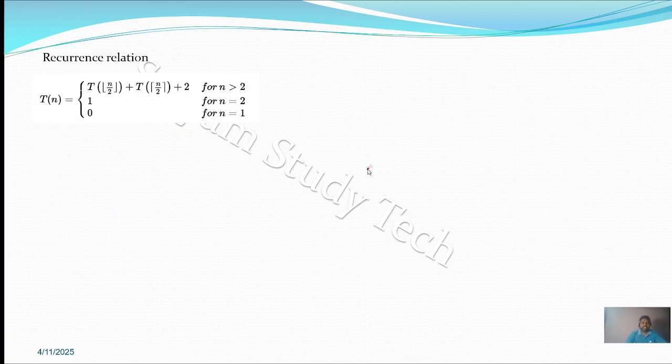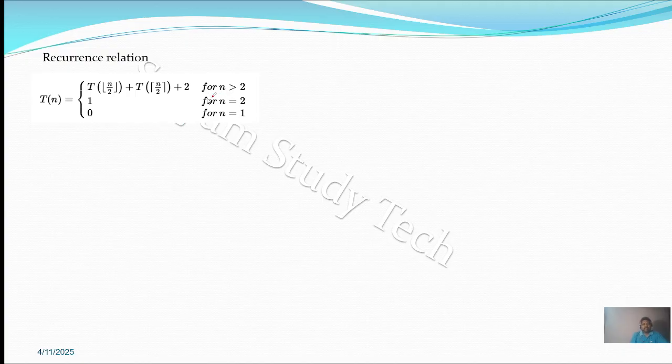Now you can see the recurrence relation of the min max. So here if only one element is there, zero comparison is needed. That means whatever element is there, that element is the minimum and maximum. If we have two elements, one comparison is needed, so we can find out the minimum and maximum.